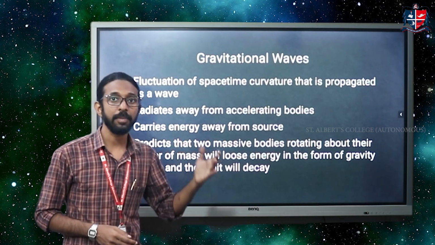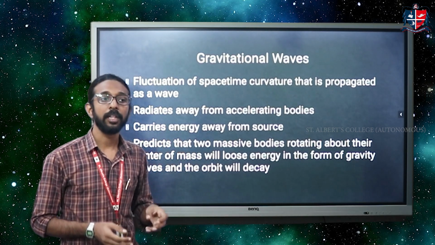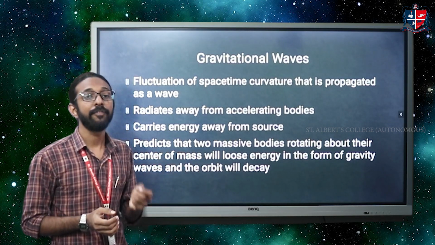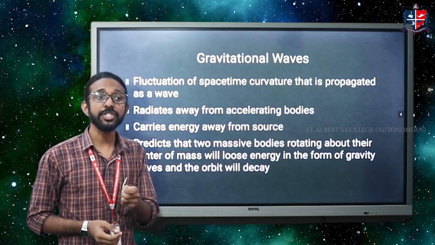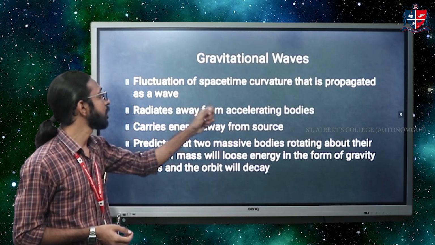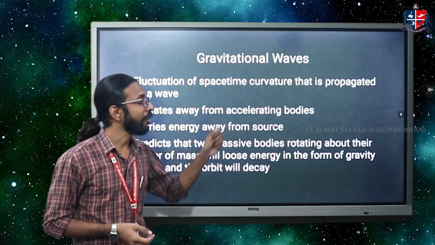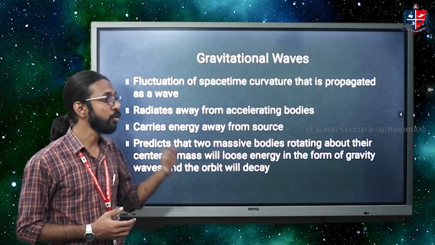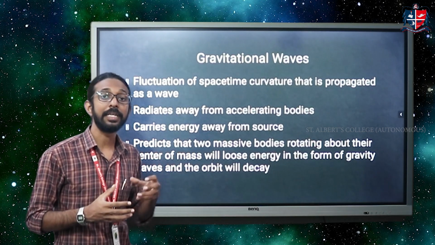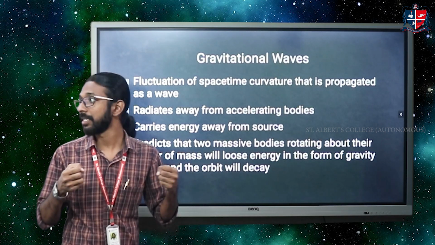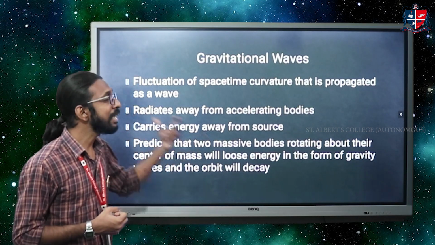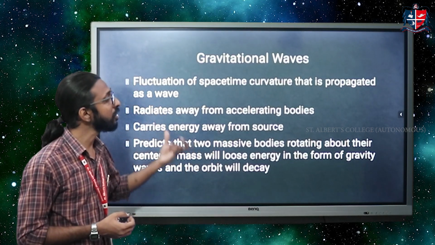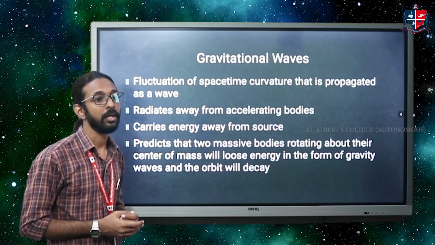Space-time is curved because of massive bodies, and when the massive bodies move, the curvature of the space-time is propagated as a wave, and this wave is called a gravitational wave. Gravitational waves are produced when a very massive body is accelerated, or when two massive bodies collide. Gravitational waves have also been detected through experiments that we conducted on Earth.